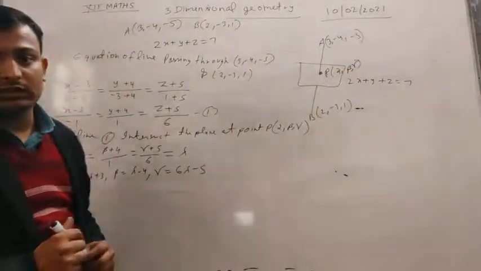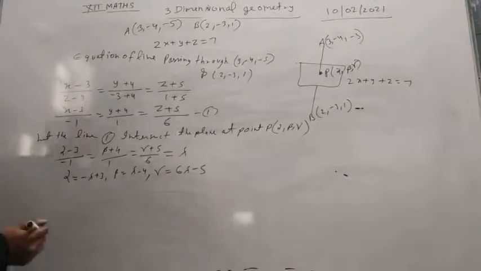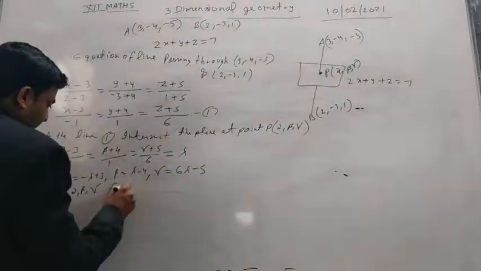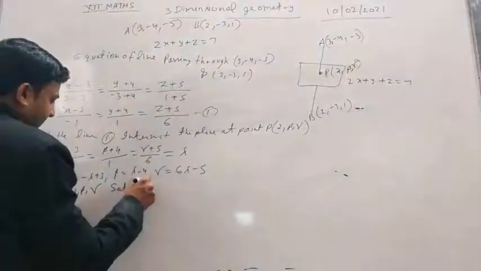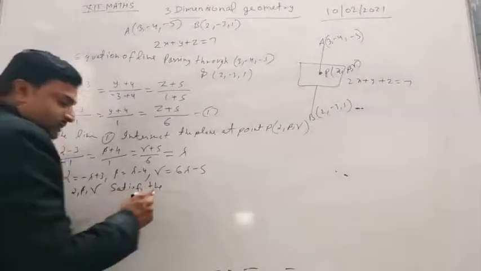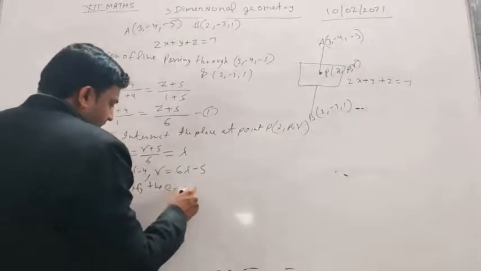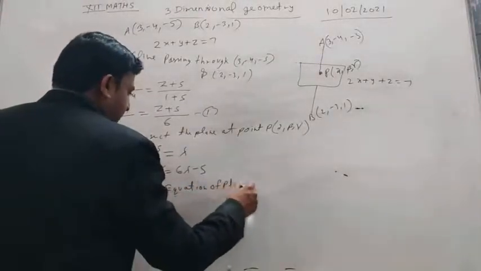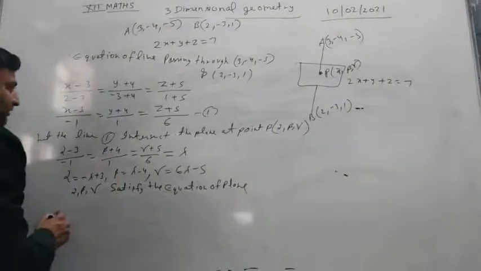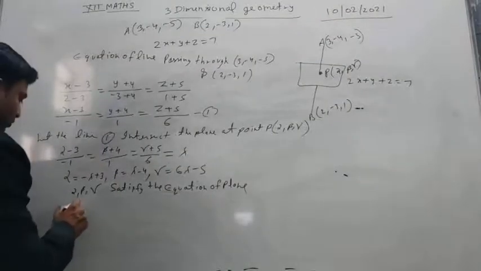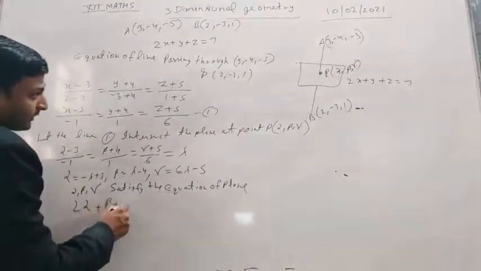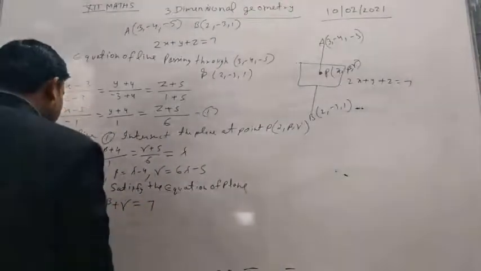So this will satisfy the equation of the plane also. So we write that alpha, beta, gamma satisfy the equation of the plane, which is 2 alpha plus beta plus gamma is equal to 7.